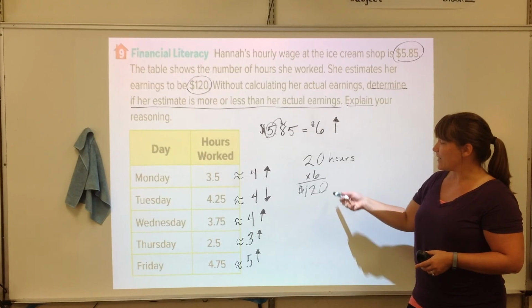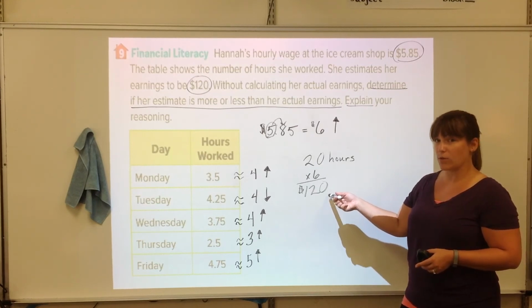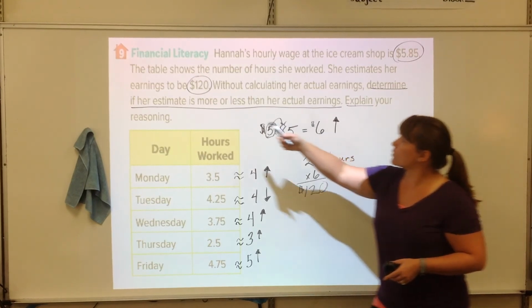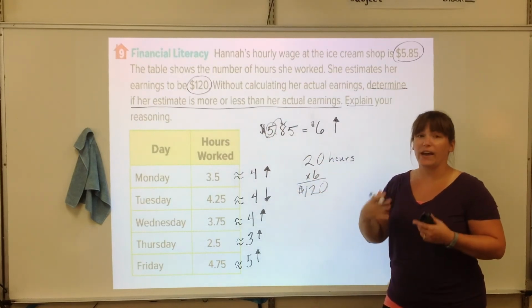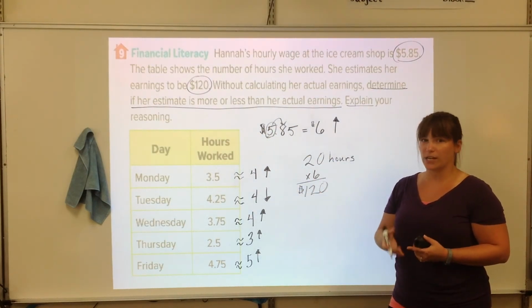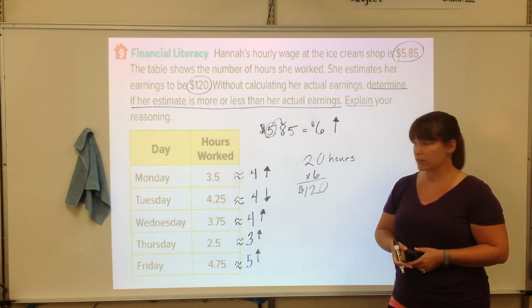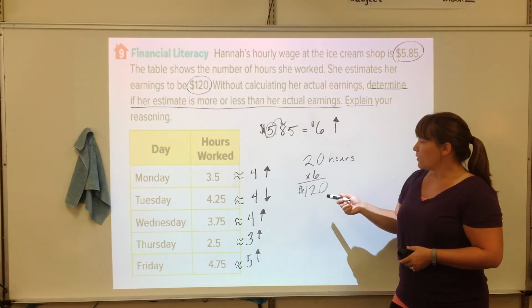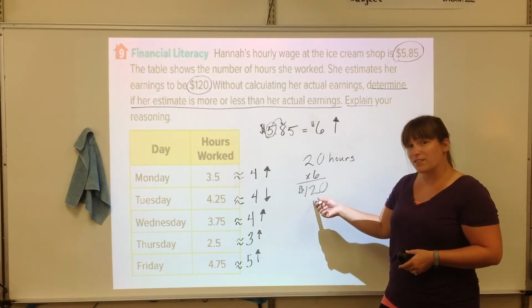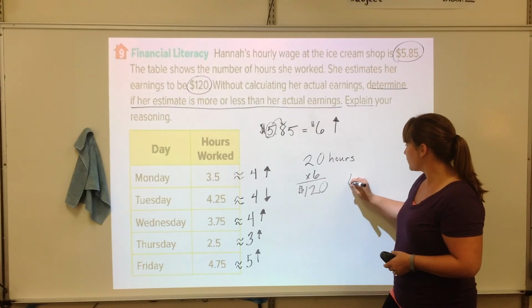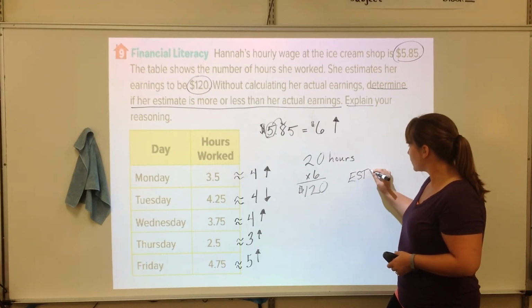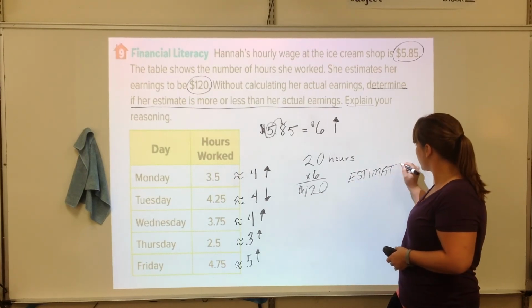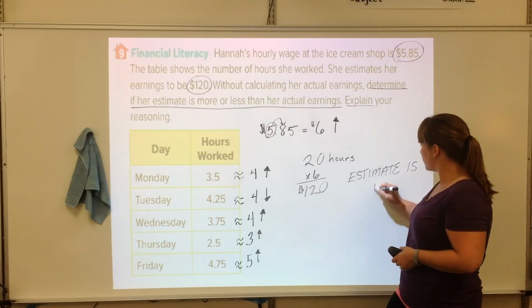Now we have to decide, is this number, 120, more or less than what she'll actually earn when we actually get out the calculator and figure it out? The answer is that this estimate is more.